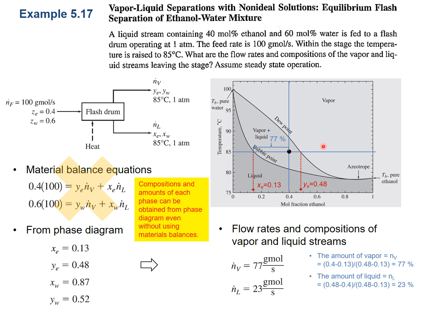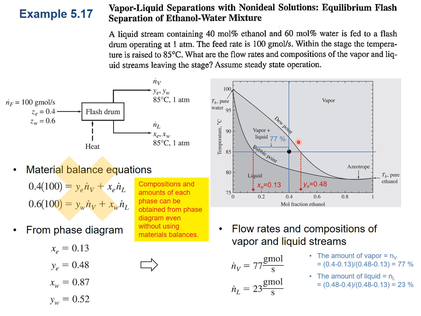In the previous example, we didn't have a phase diagram, so we used the material balance equations. However, right now we have the phase diagram in temperature versus mole fraction of ethanol coordinates. Then we don't need to think about using the material balance equations.